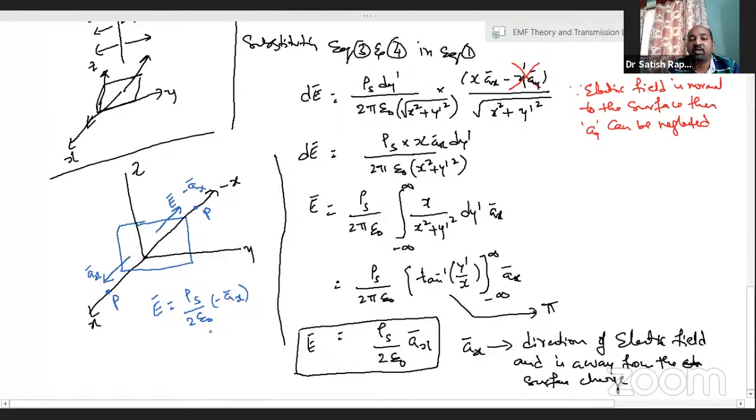So therefore, if you consider a point on the front side of the surface, then it is ax bar. If you consider a point on the back side of the surface, then it is minus ax bar, right?